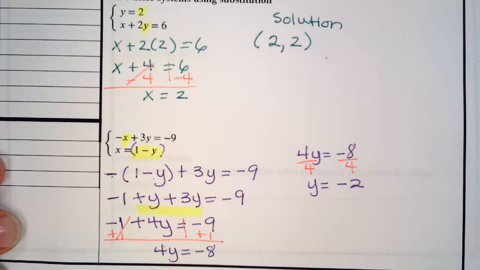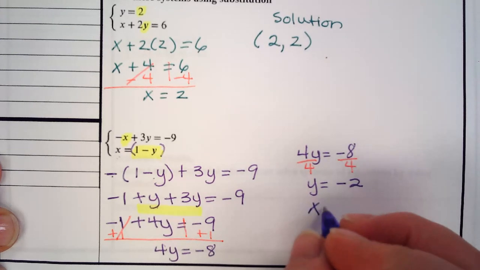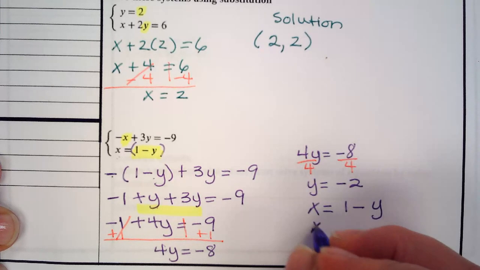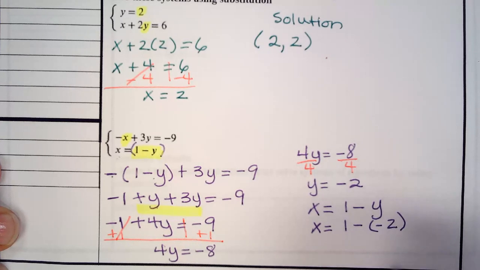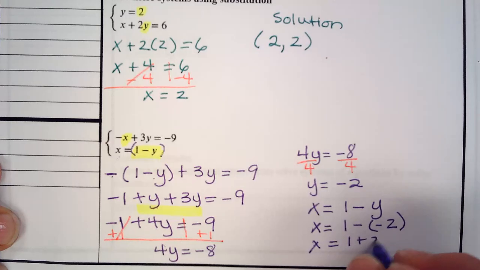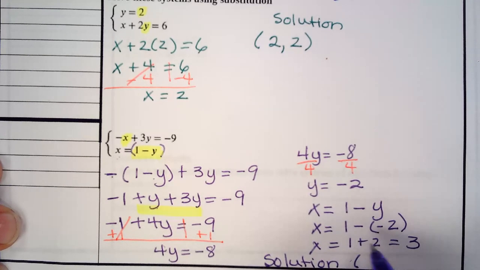Am I done yet? Well, almost. I still have to find x. X is equal to 1 minus y. X is equal to 1 minus negative 2. X is equal to 1 plus 2, which gives me 3. So my solution is the point 3, negative 2.